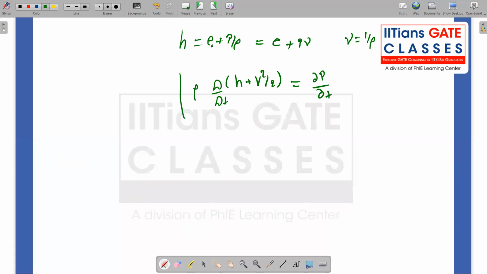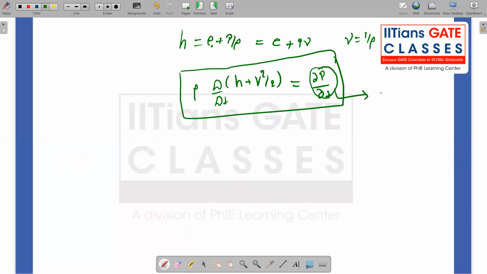This is a very important step over here. You see, unless I have a steady flow field, I cannot define my stagnation properties, because this particular term dou P by dou T is coming from unsteadiness in the flow. So if it is an unsteady flow field, then I cannot define the stagnation properties at that point as long as the flow is unsteady.